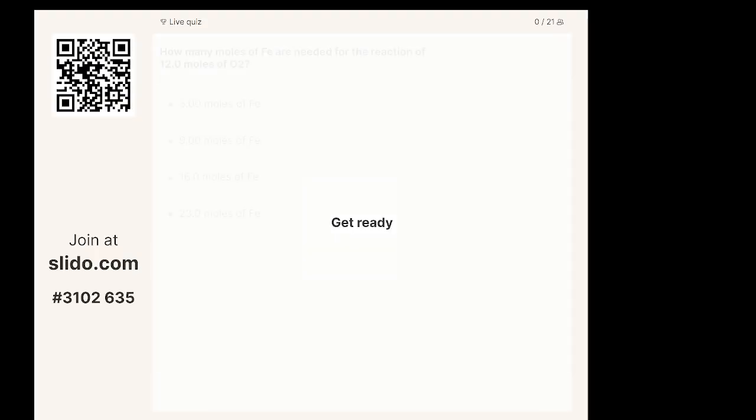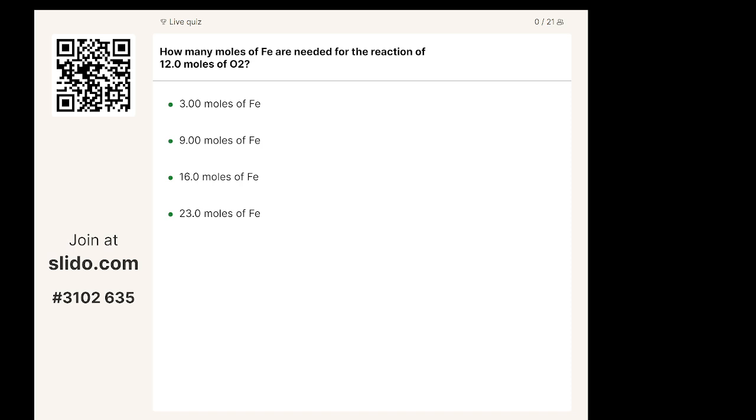All right, everybody ready? So how many moles of Fe are needed for this reaction of 12 moles of O2? All right, so let's go ahead and get going.